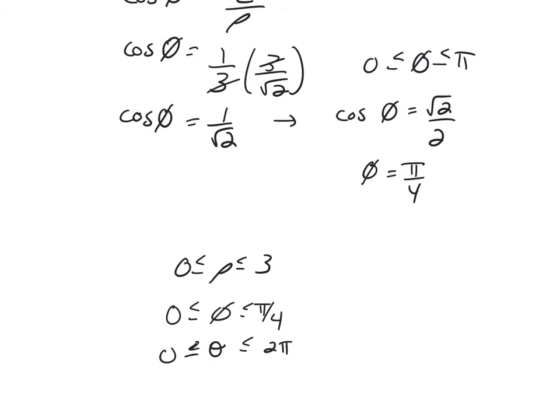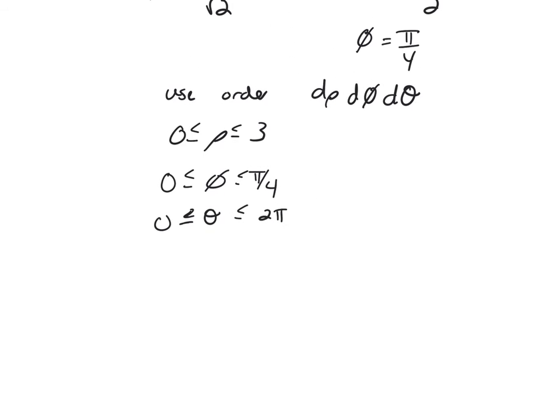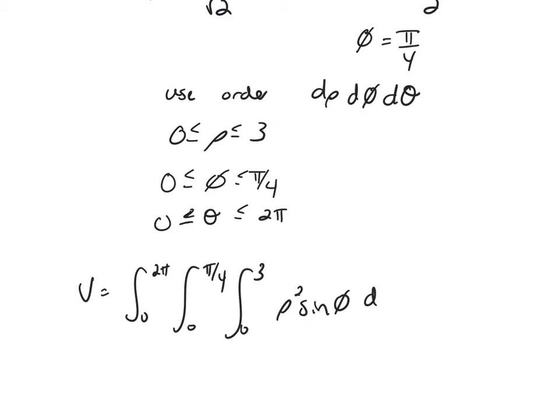We're going to use the order d rho, d phi, d theta in our integral. Now we can set up our volume: the integral from 0 to 2 pi, 0 to pi over 4, 0 to 3. When you're finding volume, you're integrating the function 1. But because we're doing spherical coordinates, we have a rho squared sine phi, d rho, d phi, d theta.